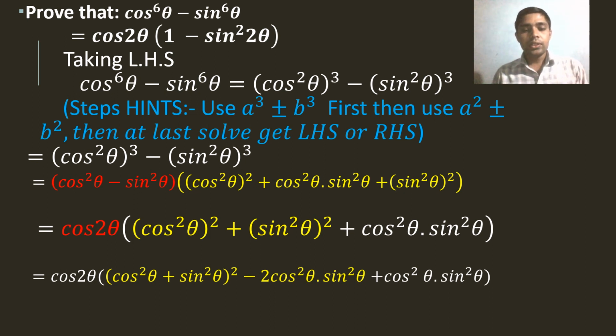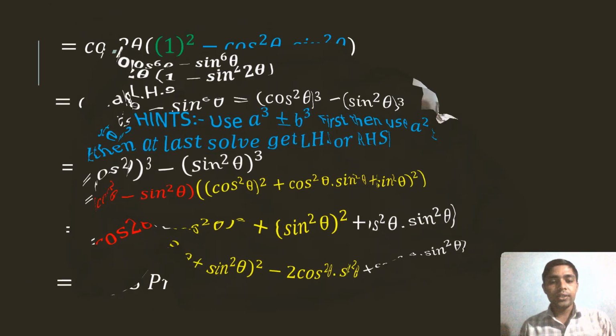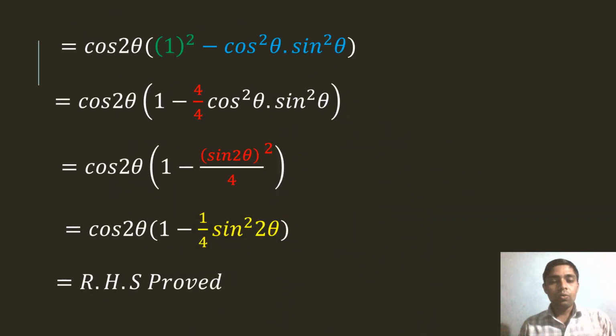So this is the formula, and we know its value is 1: cos² θ + sin² θ equals 1. So we can replace that with 1. Similarly, we get 1² minus, after subtracting, cos² θ · sin² θ.